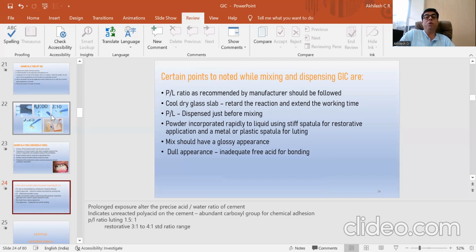And the next point to be noted is powder incorporated rapidly to the liquid using a stiff spatula for a restorative application and a metal or plastic spatula for luting. And the mix should have a glossy appearance. With a dull appearance, there will be inadequate free acid for bonding.